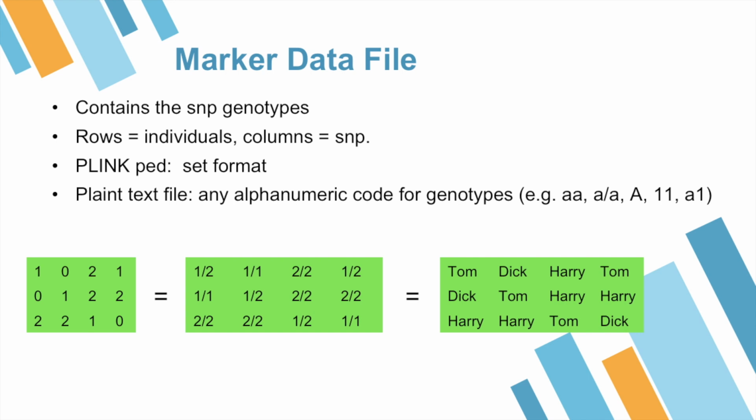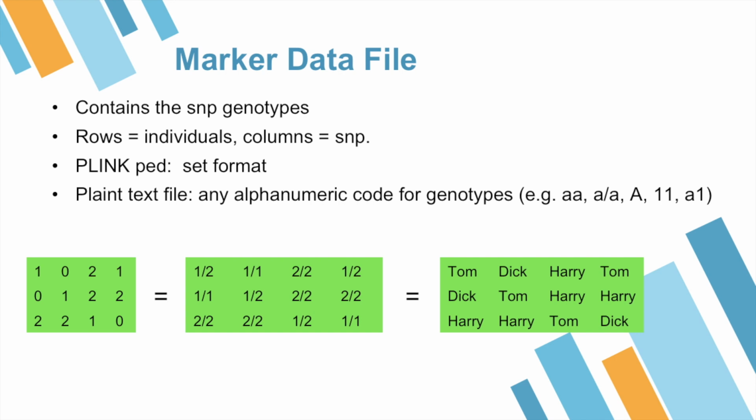But if you have a plain text file, then you do have a little bit more flexibility. So you still need to have a space separated file where the rows are individuals and the columns are the SNPs. But in terms of how you code the actual SNP genotypes up, that's largely up to you. So what I've done is I've just given you a couple of examples, and of those three files that I'm showing you, they're actually all equivalent.